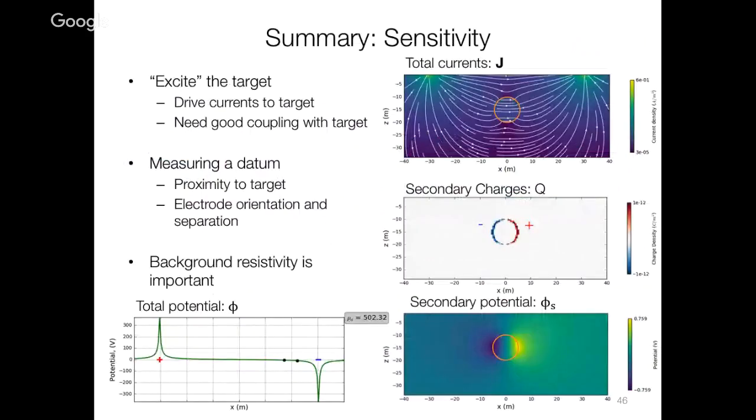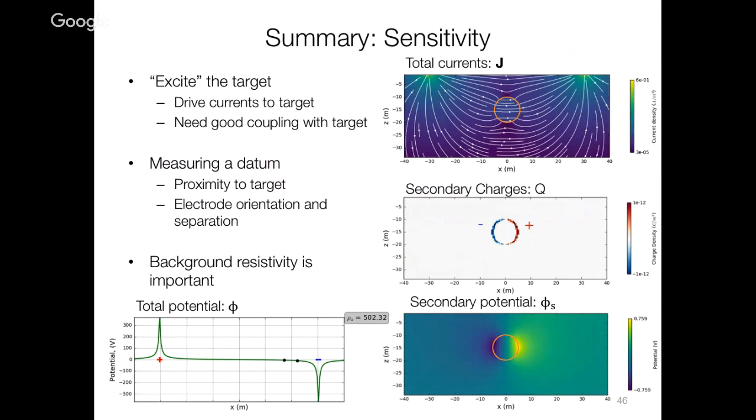So here's our summary. We first of all excite the target, drive currents into that target, and we need good coupling, so that's where the geometry plays a role. For the data, we just want to be in good proximity to the target.